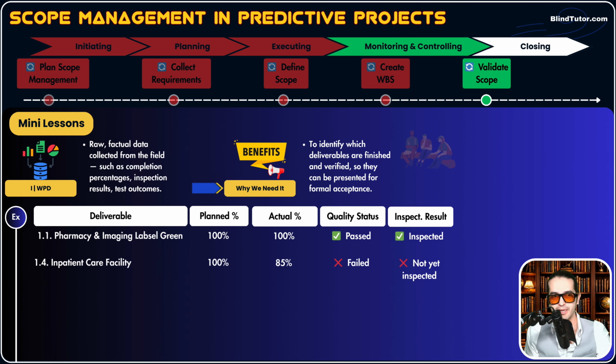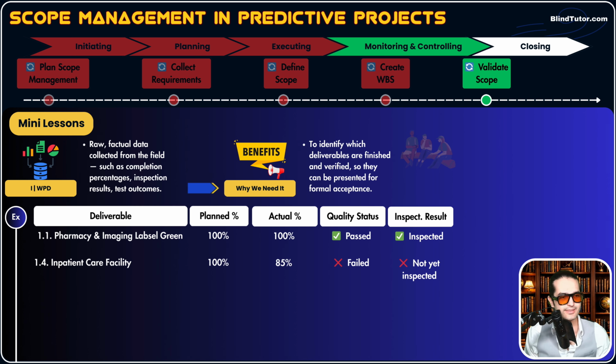For example, deliverable 1.1 based on this table passed quality, so it is ready to present to our customer. The second one failed the internal quality standards. So we don't show deliverable 1.4, which is the inpatient care facility, to our customer because it didn't meet our internal quality standards and expectations yet. How do we know that? With WPD.